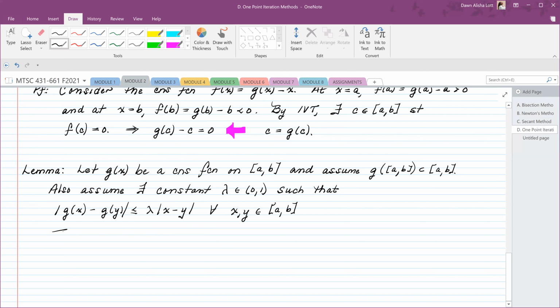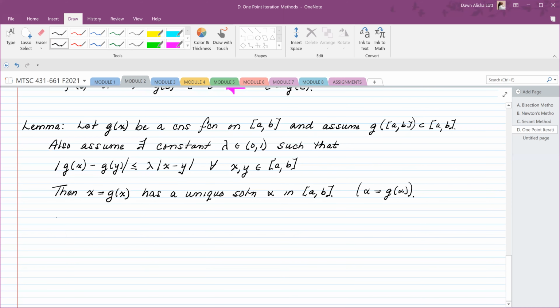Then x equals g of x has a unique solution alpha in the interval [a, b]. Again, that means alpha is equal to g of alpha, and alpha is unique.